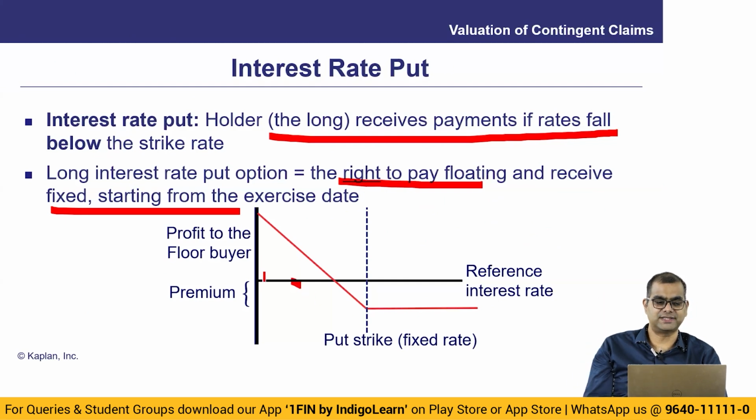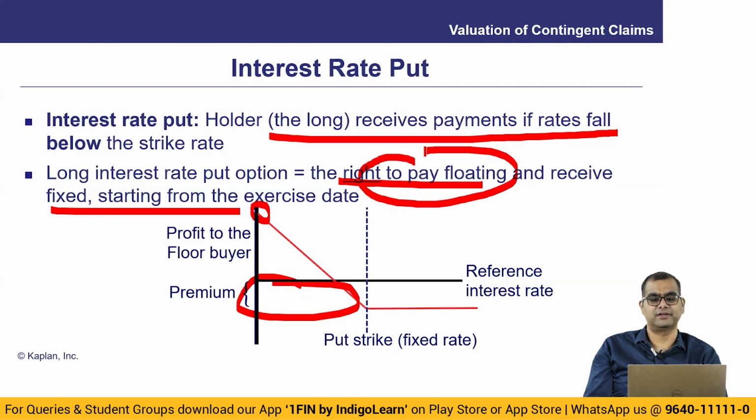Initially you would have paid some premium, and the rate can fall only to 0, no? It cannot fall beyond that. So what you pay can only go down to 0, which is why your profit is limited. And you receive fixed, so your receipt is only so much. It cannot change.